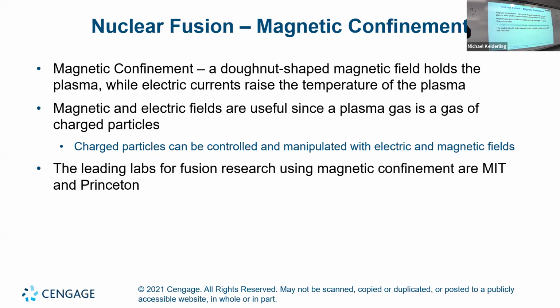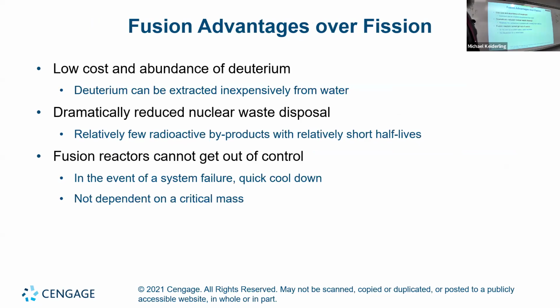The leading fusion research using magnetic confinement in the US is done at MIT and Princeton. But the big research on it is being mostly done in Europe. Like ITER, the big project developing a tokamak reactor.